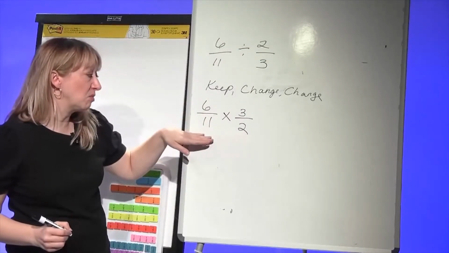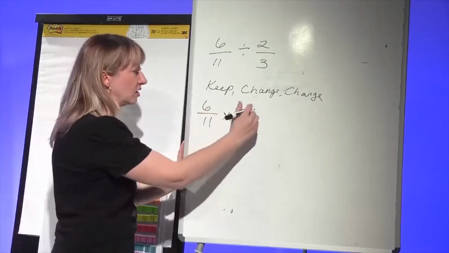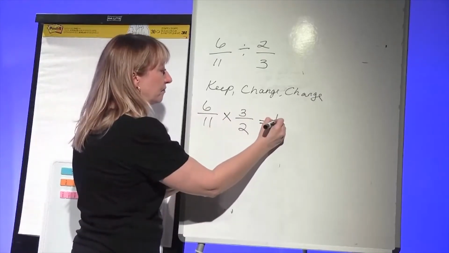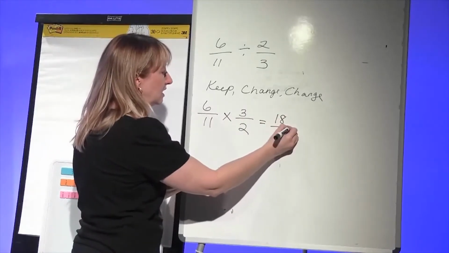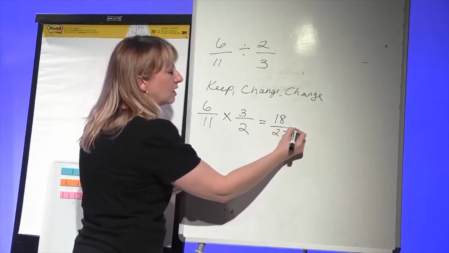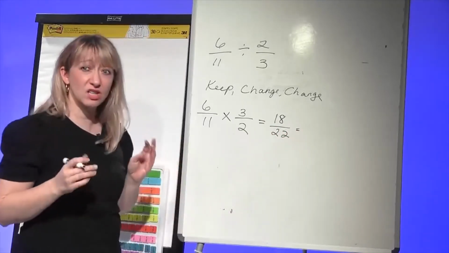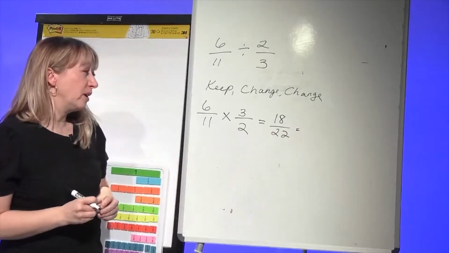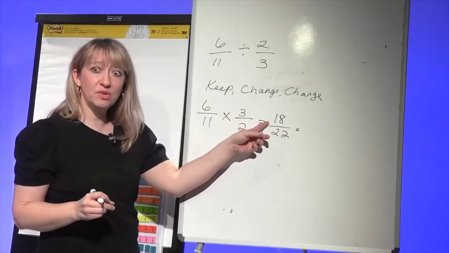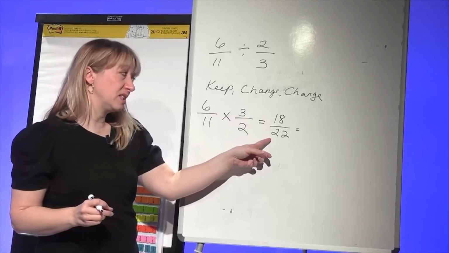Now you're back to multiplication, which means you're just going to multiply straight through. So 6 times 3 is 18. 11 times 2 is 22. Now think to yourself, can you reduce that? Well, right away I know that 18 is an even number and 22 is an even number.